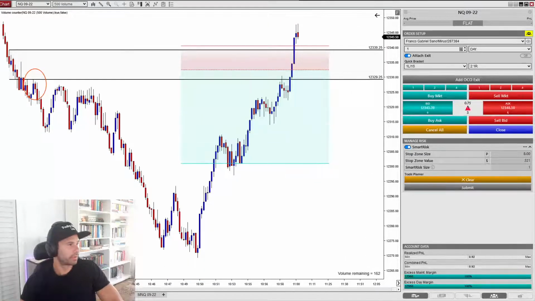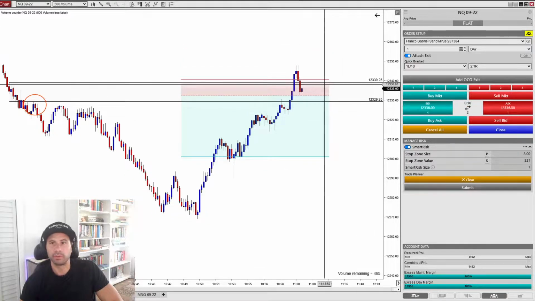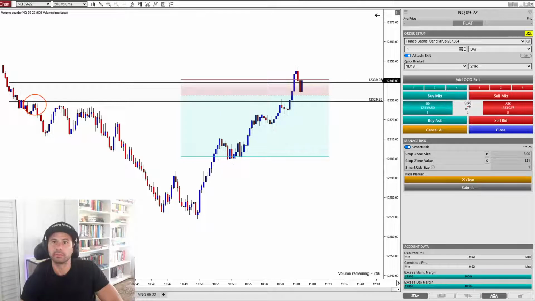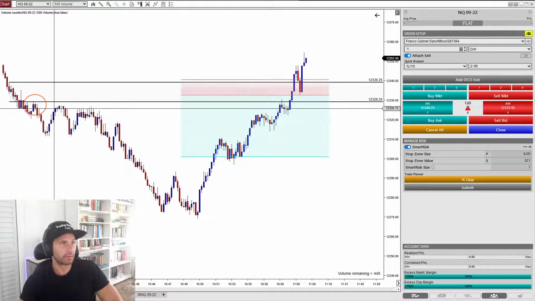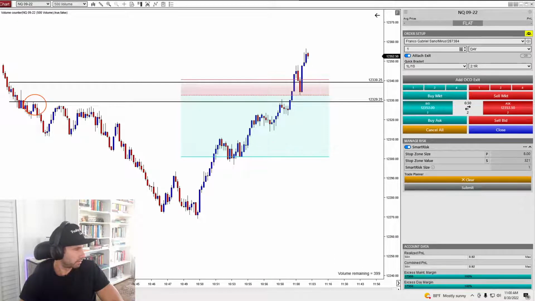So this thing went through, and the tick chart went through as well. So there's no zone for me to be taken right now. And it's a good thing that I see this thing. Give me 1 second.